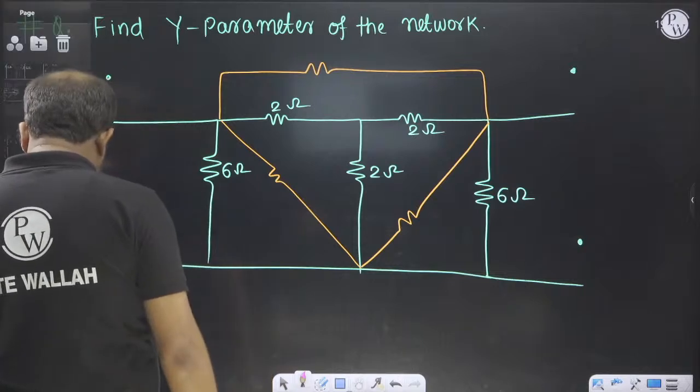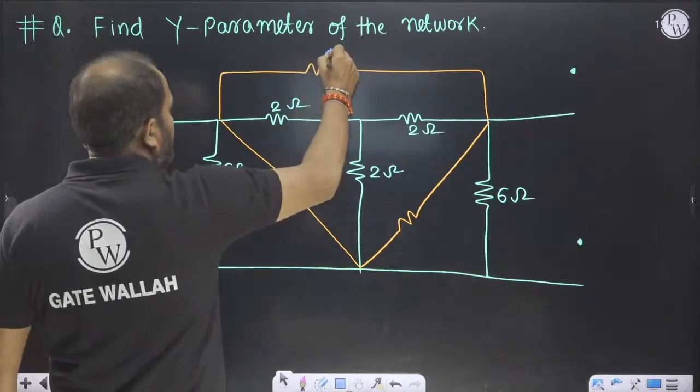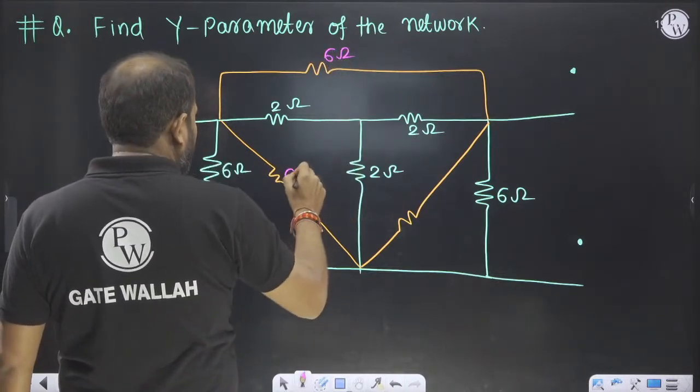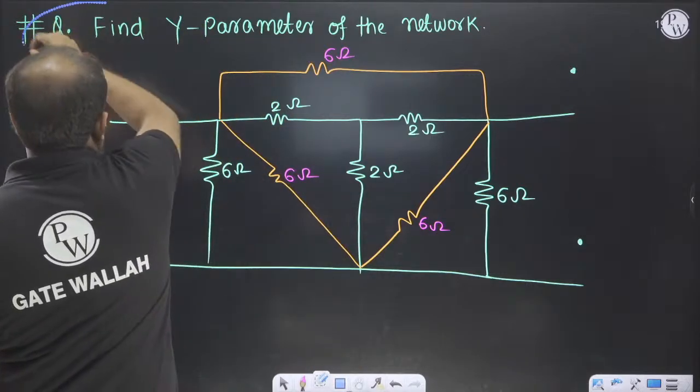So our network will be 6 ohm, this one 6 ohm, 6 ohm, 6 ohm. So this is the point here.